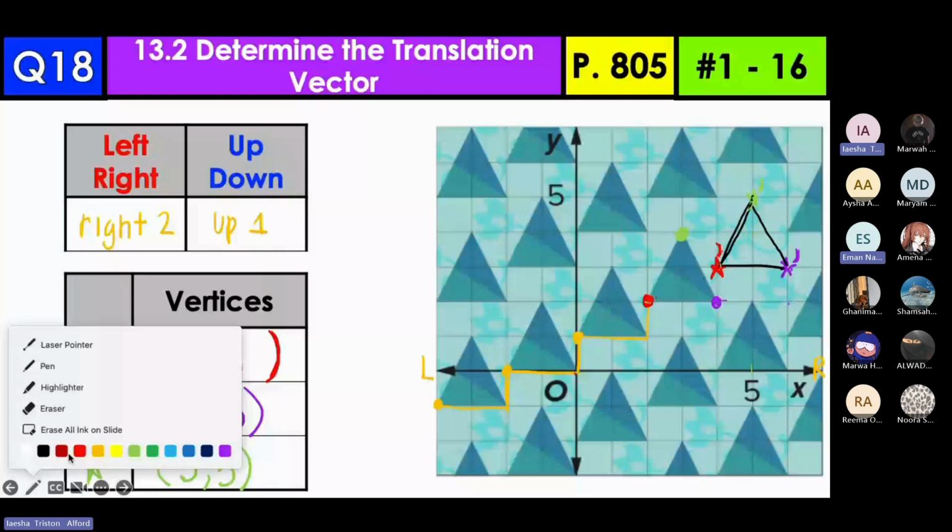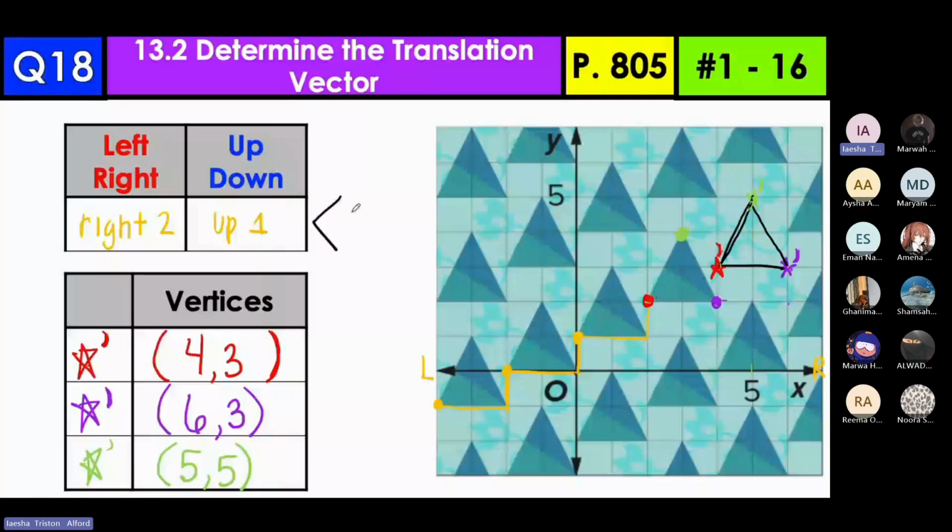If we want the vector, it is +2 and +1. This is the vector. This is not the vector. This is the point. Where is this point? From 0, it is 4 right, 3 up to get to this point.